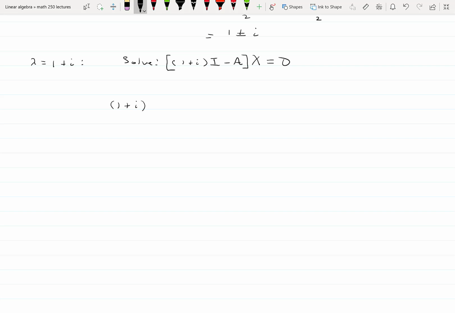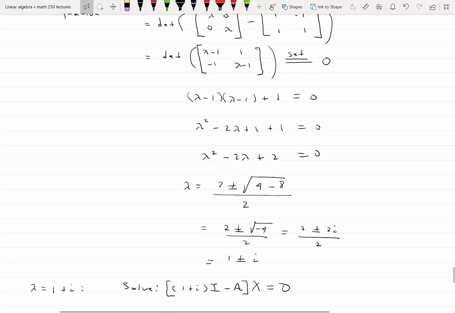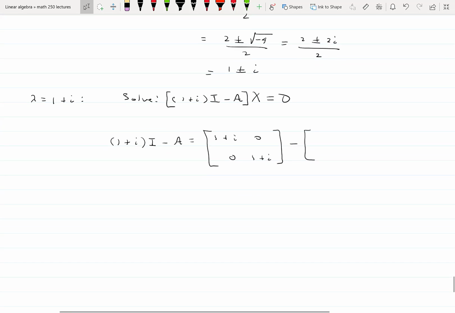I'm not sure about the Inspire and the others. So 1 plus i times the 2 by 2 identity matrix is the diagonal matrix whose diagonal entries are 1 plus i, zeros everywhere else, minus our original A: 1, negative 1, 1, 1.